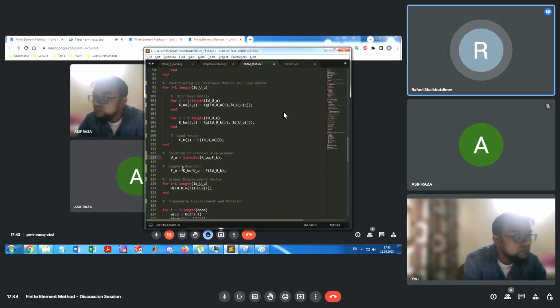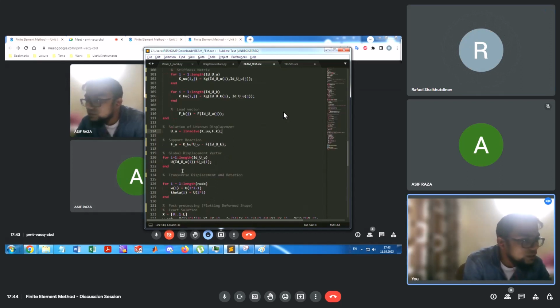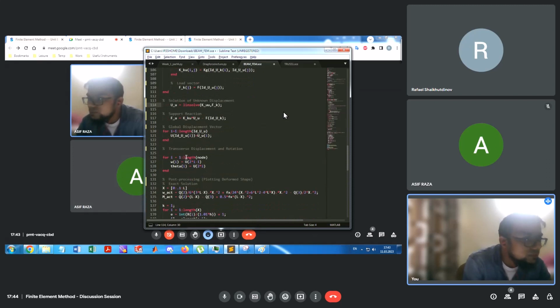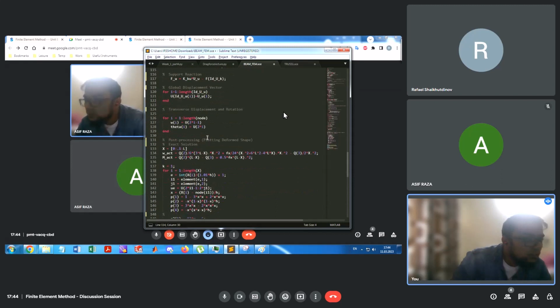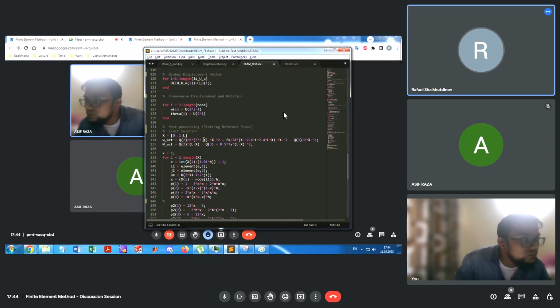Yes, we removed it here. Further down, the displacement. This is how they are coming out, theta. Fine. Next down, post processing, exact solution WX. These are comparing with the exact solution. Line 135 is fine. Next down. I'm not sure that this exact solution is okay for our problem.